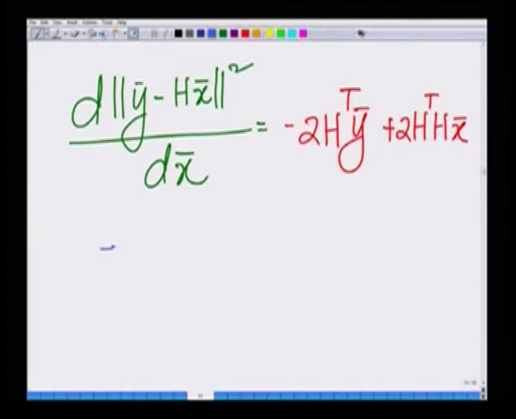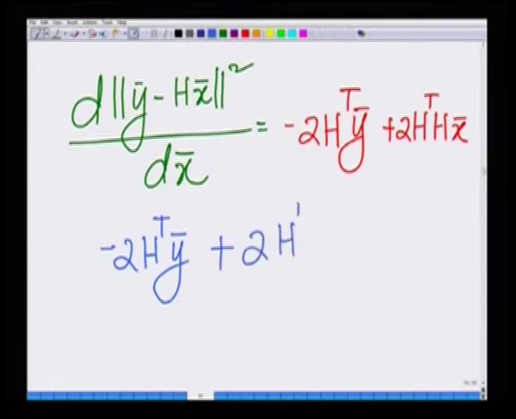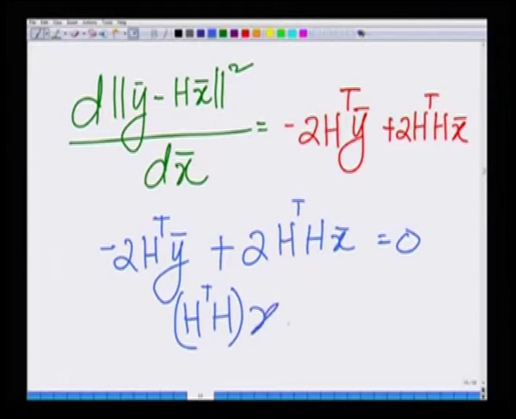So, that gives me minus 2 h transpose y bar plus 2 h transpose h into x bar equals 0, which implies h transpose h into x bar equals h transpose y bar, all right.